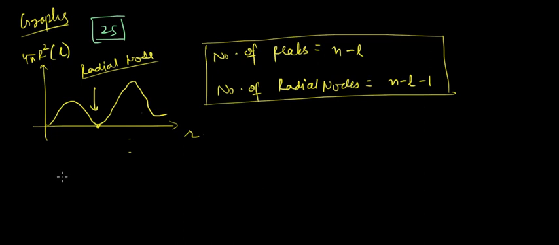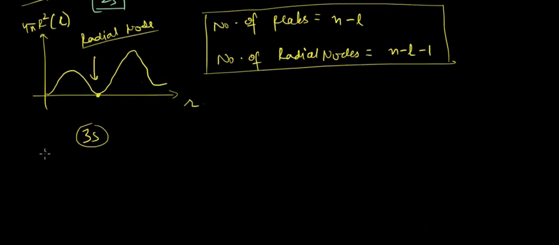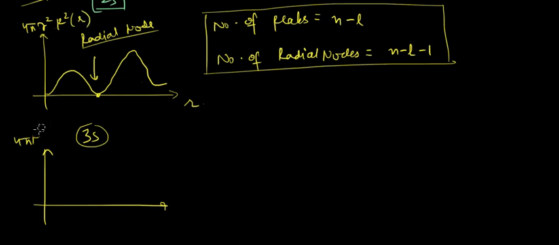Okay, so let's now see the graph for 3s. Graph of RPDF, which is 4 pi r square. So I actually missed one r square here. It is nothing but 4 pi r square R square versus r, which is nothing but RPDF, which we discussed in the previous lecture.